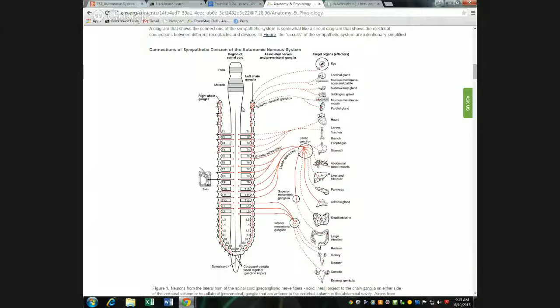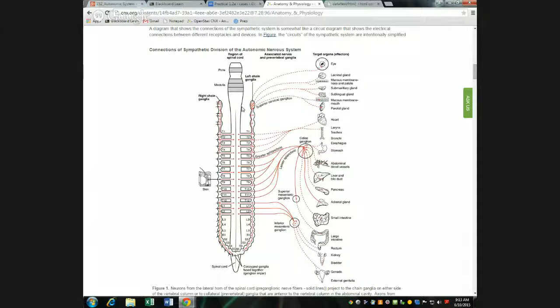Now what I have up on the board there is a depiction of the anatomical connections of this system. Not the whole thing. What we're talking about here are reflex responses. So if you see the lion, your reflexive response is a fight or flight response. But it's not just about responding to threats.